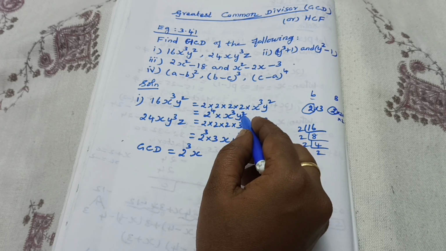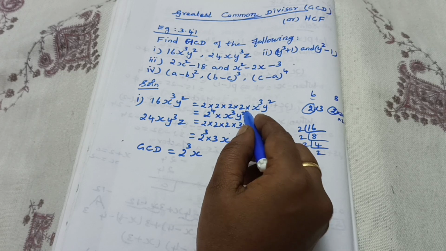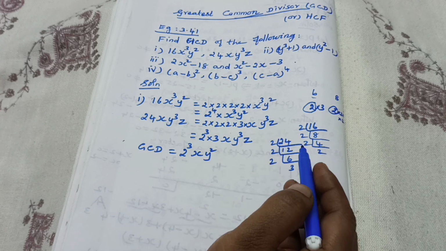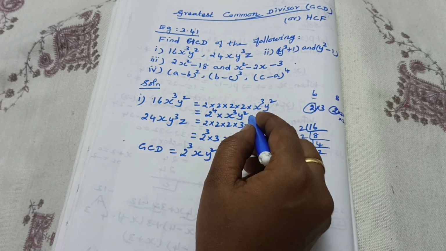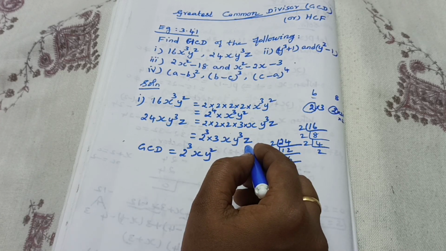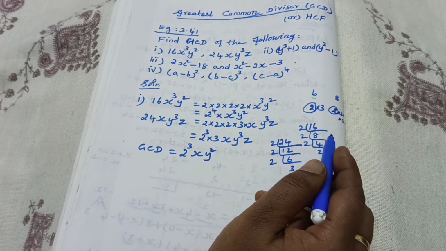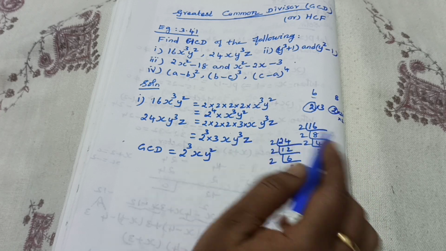Here the lowest power is y square, that y square you should write. y square is common in both. But z is not given here, but here z is there, so no common factors, leave it.